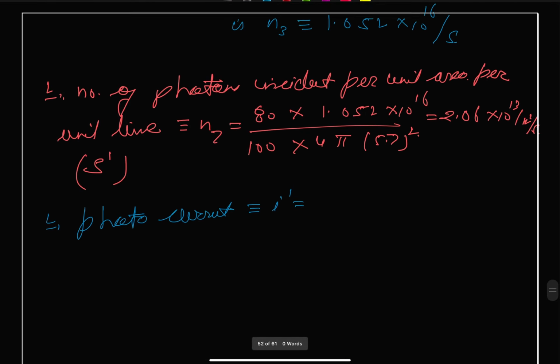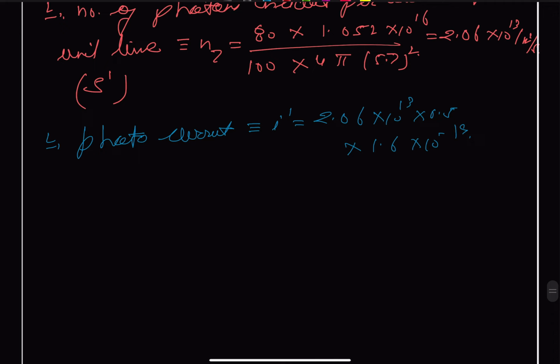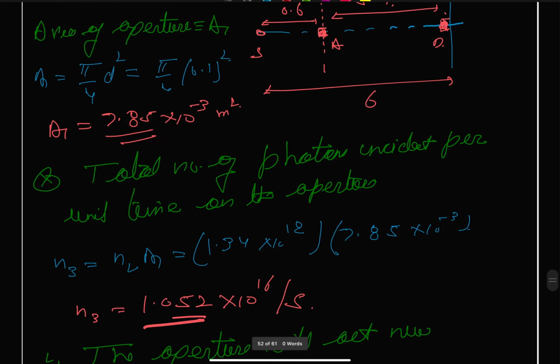So this comes as N7, that is 2.06 into 10 to the power 13, area is 0.5, and charge on 1 electron is 1.6 into 10 to the power minus 19. So we get our I prime will be equal to 1.483 into 10 to the power minus 10 amperes. So only the position of the source is going to change, and because of this the number of incident photons is also going to change.